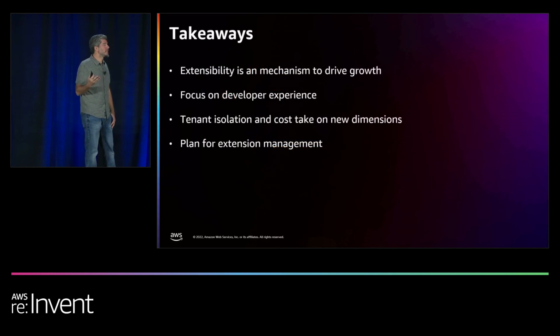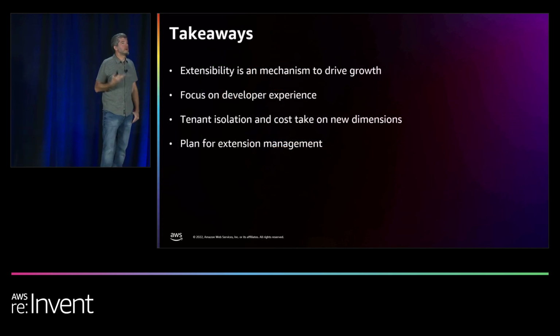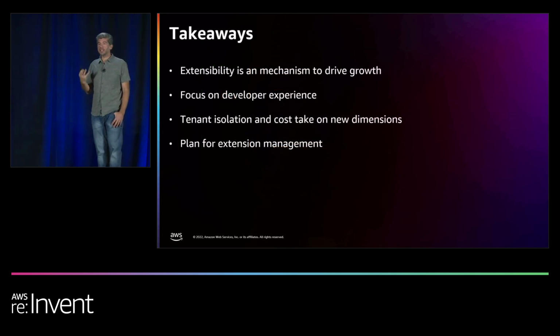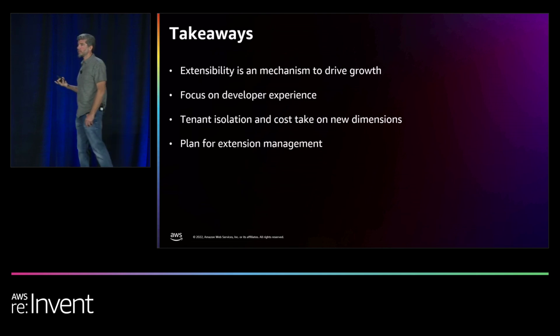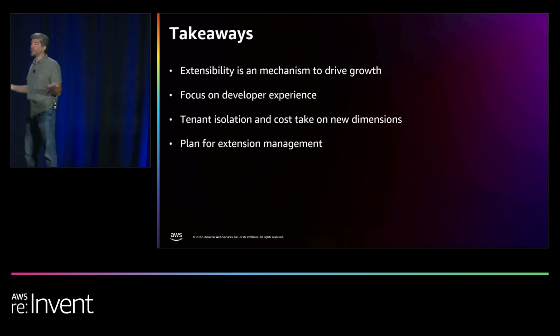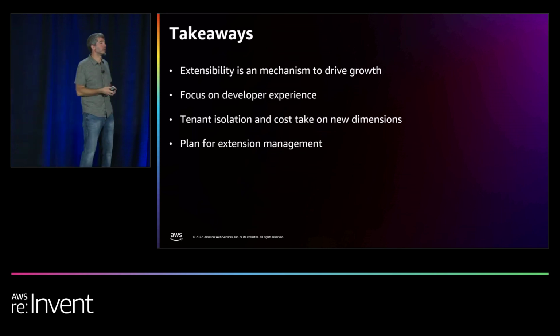So for the takeaways, hopefully we've talked enough about growth and thought about the different ways that extensibility can implement growth for us. We've talked about how we can increase our feature set, how we can increase our total addressable market, and hopefully, as a result of those, also increase our growth and our revenue, right? So we've also talked about the developer experience.